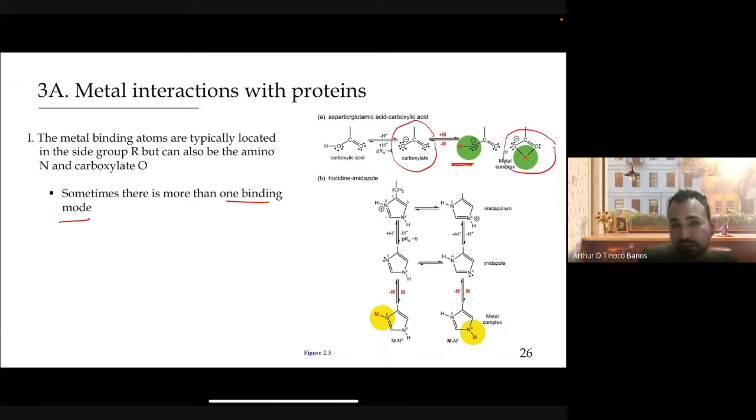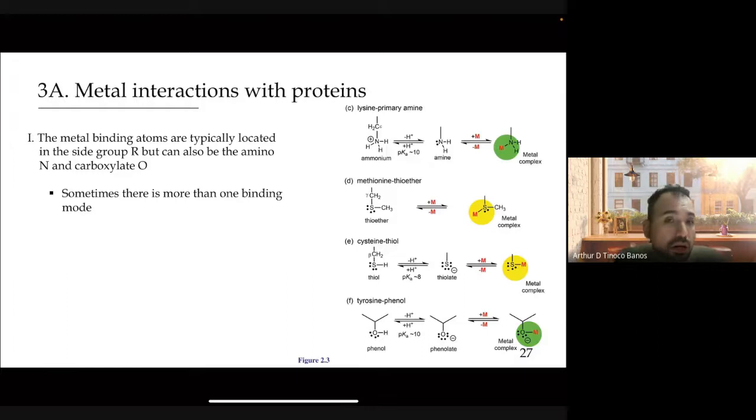Histidine, as I mentioned already, can bind a metal at either one of those nitrogens. Here's an example binding to the delta nitrogen, and over here binding to the epsilon nitrogen. It really depends, especially in a biological system, on what other amino acids are available and how steric hindrance can cause a metal to bind to one or the other. So it's not always clear cut where it's actually going to bind.